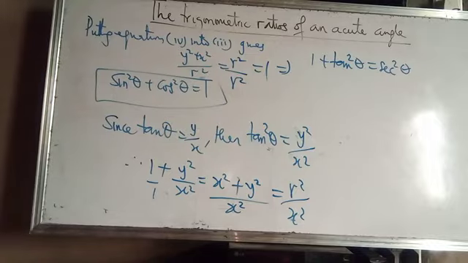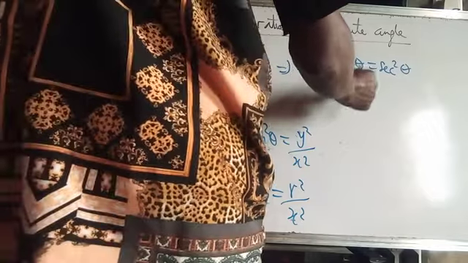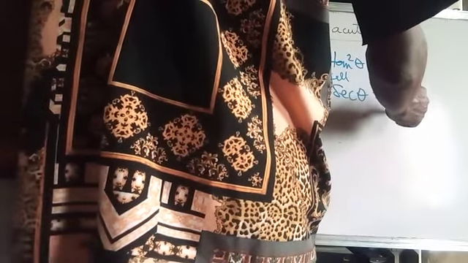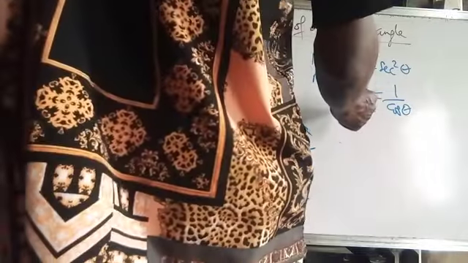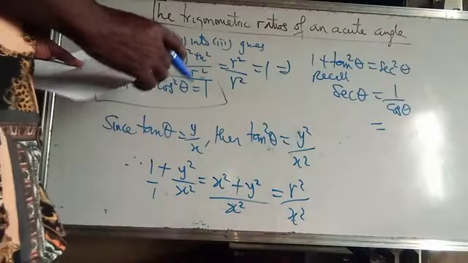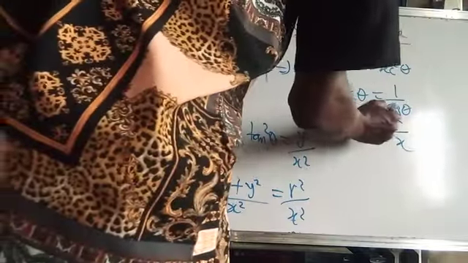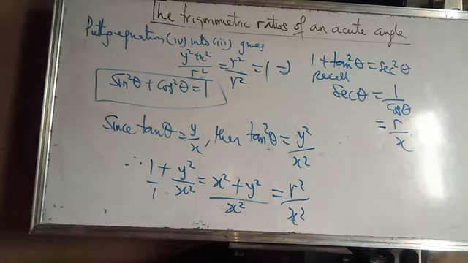Now let's check sec squared theta. Recall that sec theta is equal to 1 over cos theta, and we have already obtained sec theta as r over x.